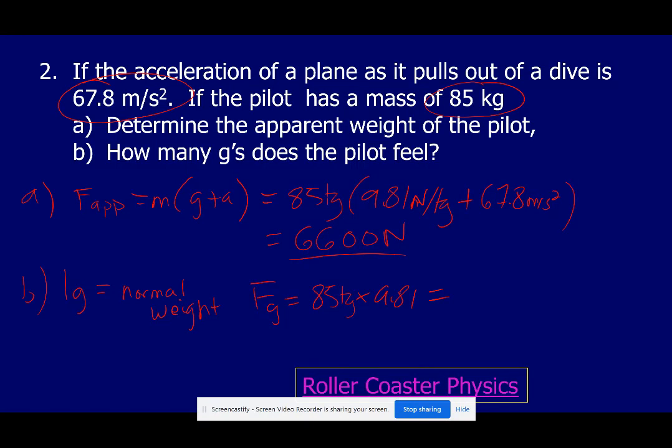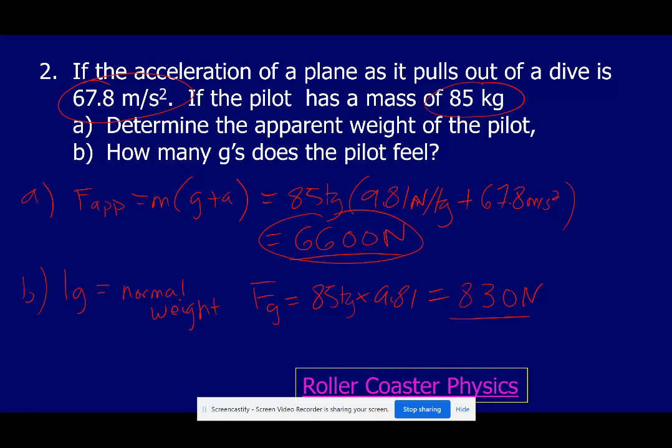So your normal weight is 830 newtons, just to round it off. But this is your apparent weight. So if you were feeling 830 newtons, then that's 1G. 830 divided by 830 is 1G.